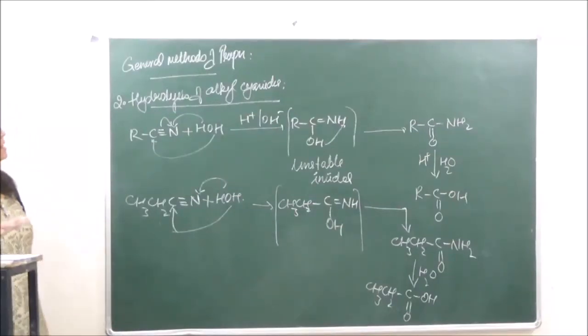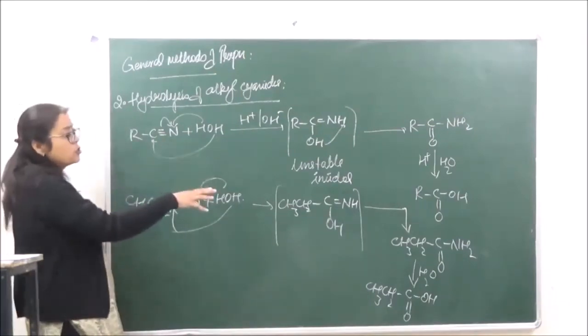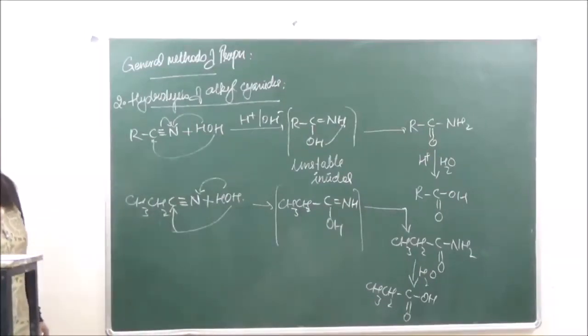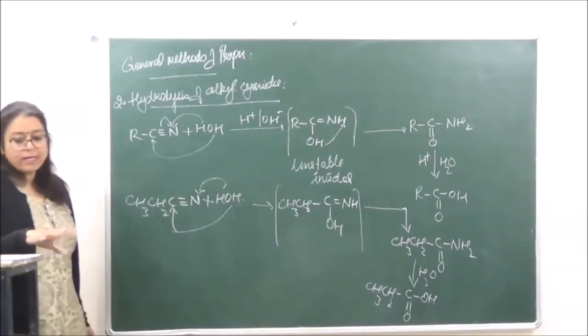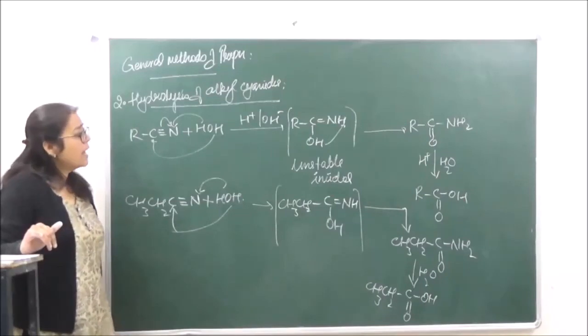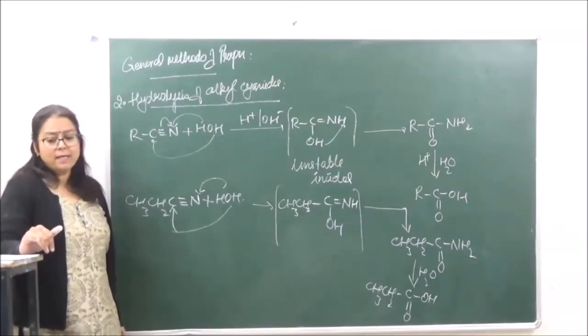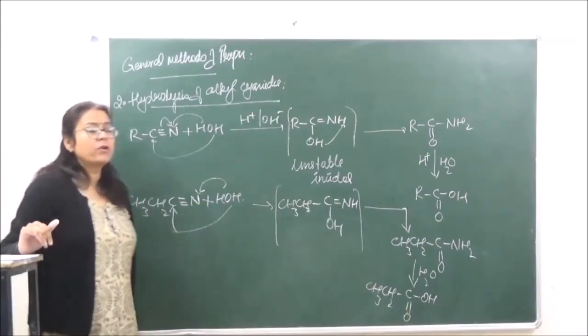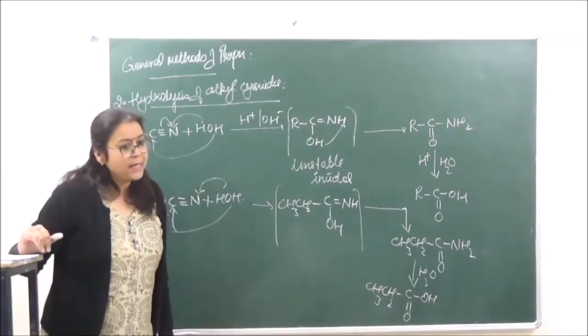Now, while we are doing the preparation of carboxylic acids by this particular reaction, you need to know certain points. Like for example, the hydrolysis can be done in presence of an alkali also. In presence of an alkali, we are going to get the sodium salt. Okay?